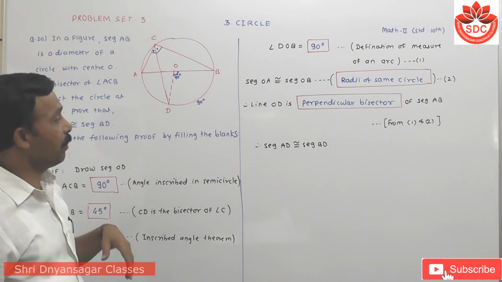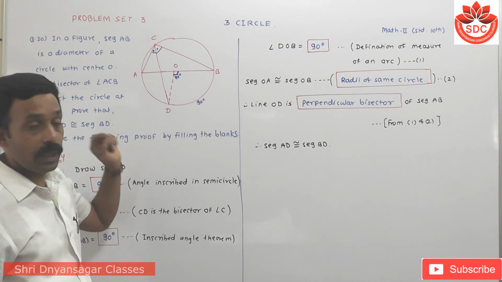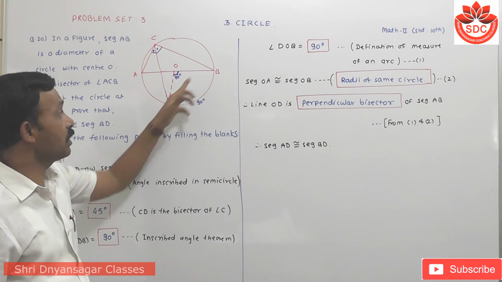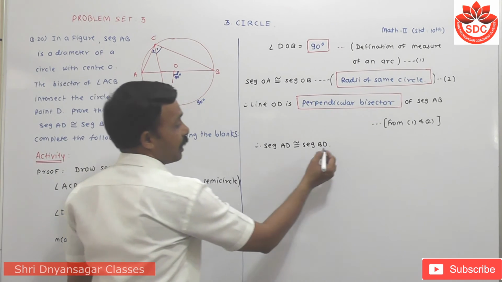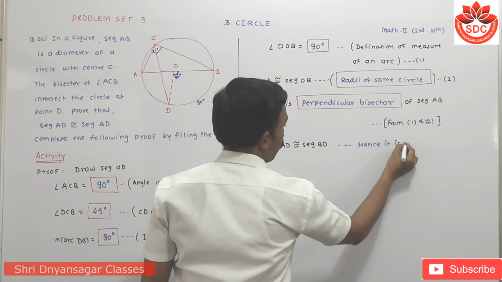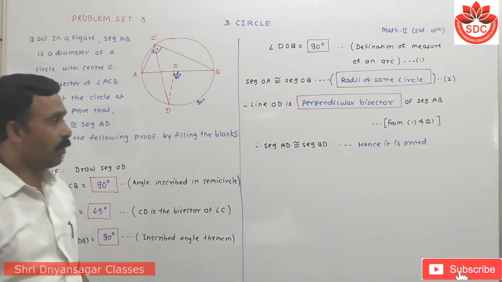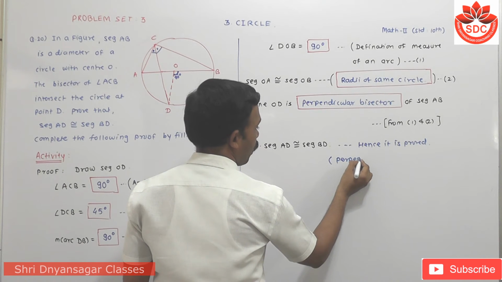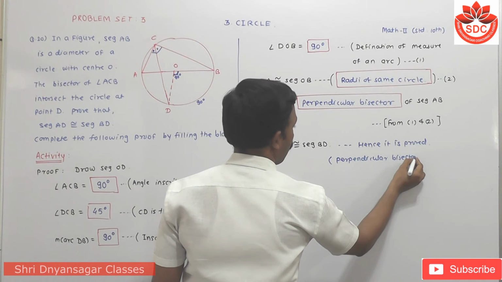If this is a perpendicular bisector, then segment AD is equal to segment BD, because every point that lies on the perpendicular bisector is equidistant from these two points, so AD is equal to BD, and hence it is proved. By using perpendicular bisector, here also you have to write: by using perpendicular bisector.